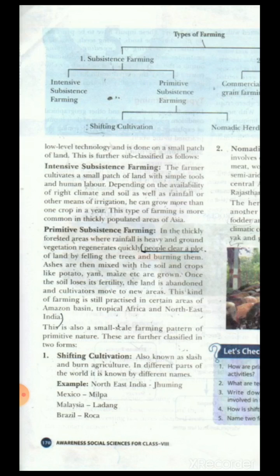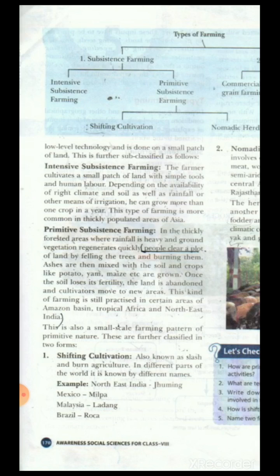Shifting cultivation is a type of agriculture which is also known as slash and burn agriculture. Forests are first cleared by cutting and burning the vegetation. The ash of the burnt vegetation acts as manure and is mixed with the soil.